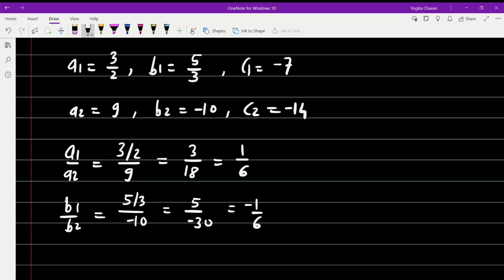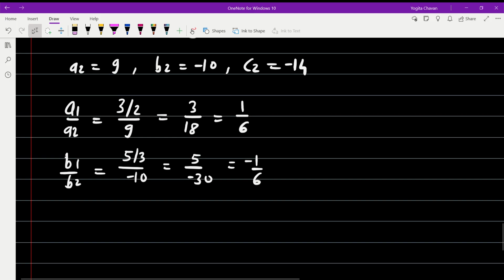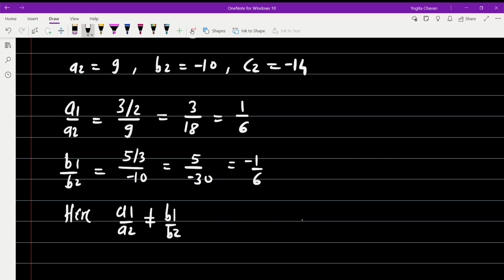Because 5 into 6, 30. So it is minus 1 by 6. So no need to compute c1 upon c2 because here a1 upon a2 is not equal to b1 upon b2. Therefore, pair of linear equations consistent.